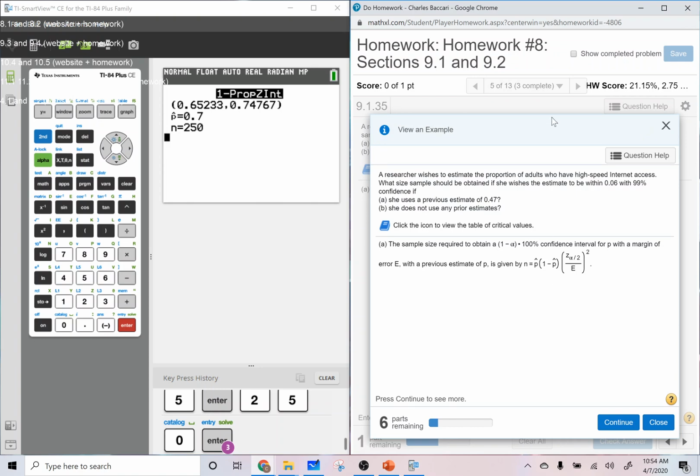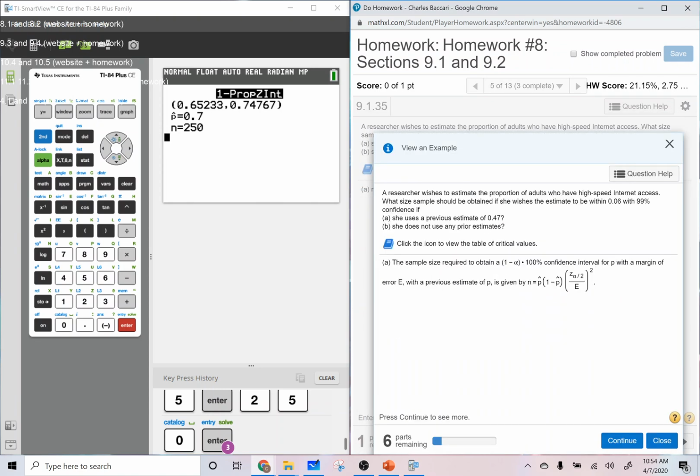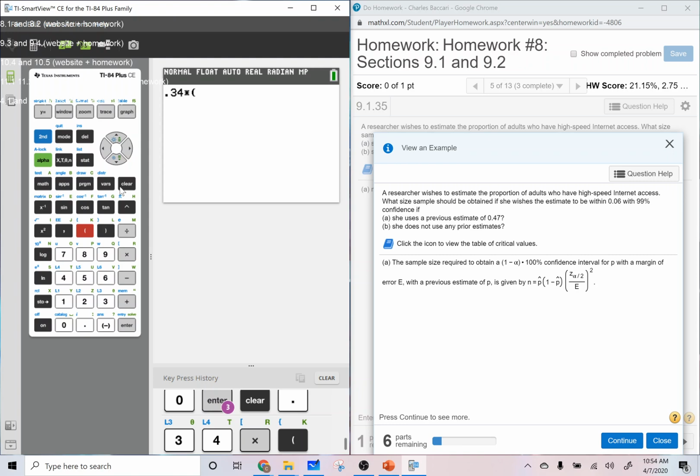So we're doing p hat, which they told us is 0.34. 0.34 times 1 minus 0.34 is 0.66. And then times 1.645. So clear this. 0.34 times 0.66 times, put parentheses, 1.645.